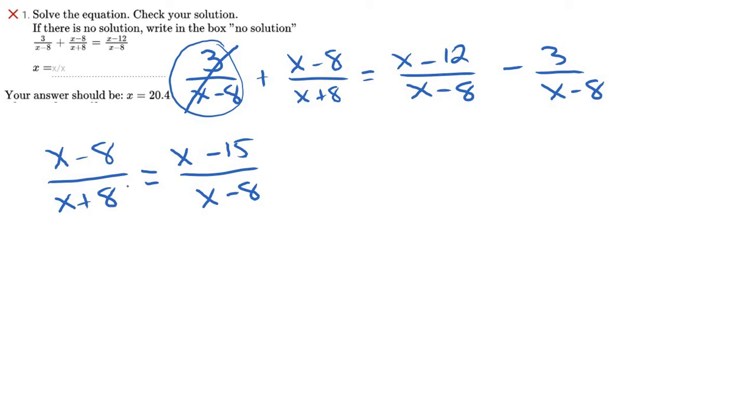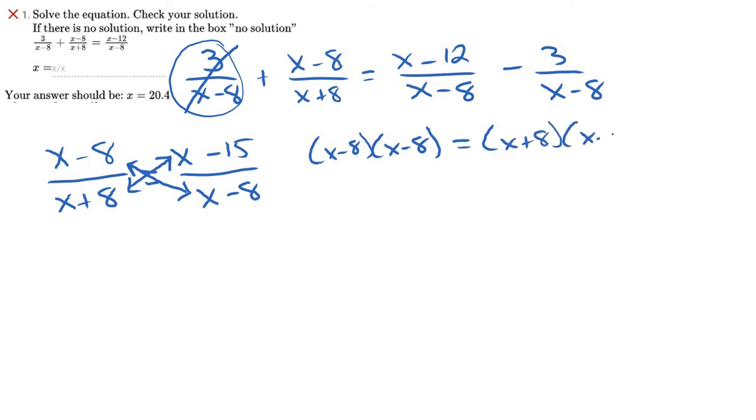And so we can multiply these together, right? So let's do that. I've got x minus 8 times x minus 8 equals x plus 8 times x minus 15. Let's multiply those out, clean these up.